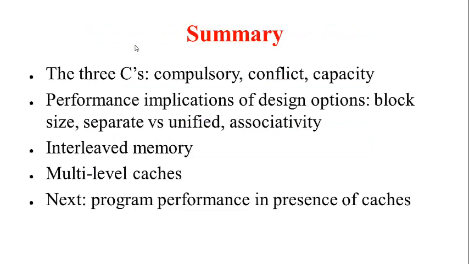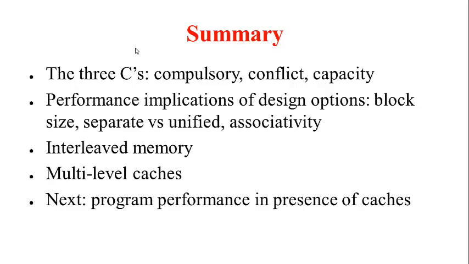Let us summarize what we looked at in this video on aspects of cache performance. We first categorize the kinds of misses to caches as compulsory, conflict and capacity misses. Then we discussed qualitatively the performance implications of the various cache design options, the block size parameter, separate versus unified caches and the associativity parameter.